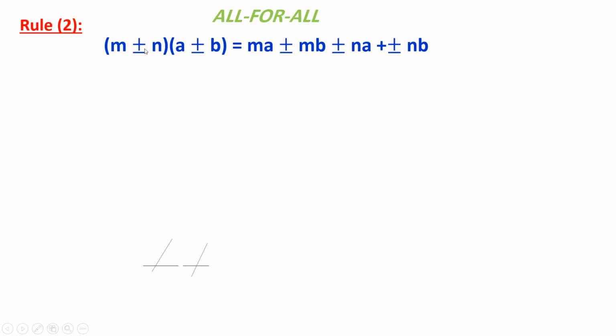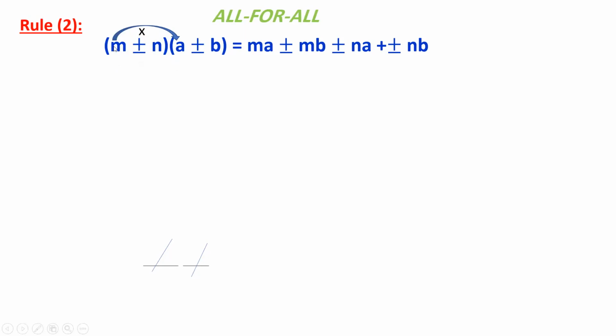When we see two parentheses multiplied together, we apply all for all. Everything inside the first parenthesis is multiplied by all of everything inside the second parenthesis. That's why we say all for all. Now we say m times a is ma.